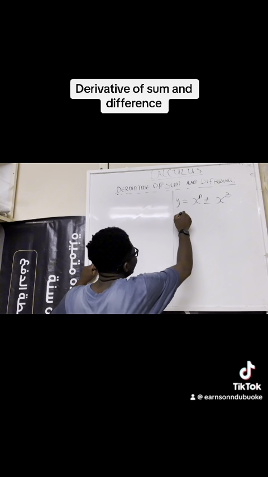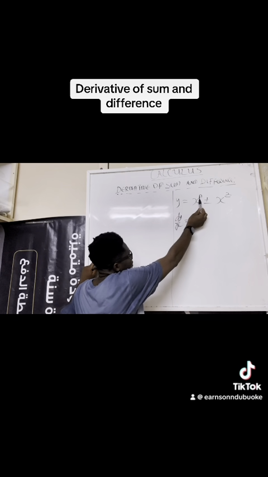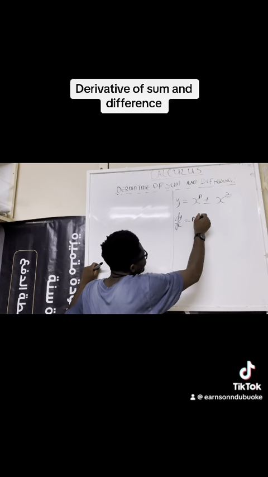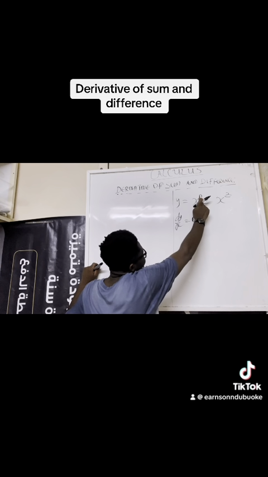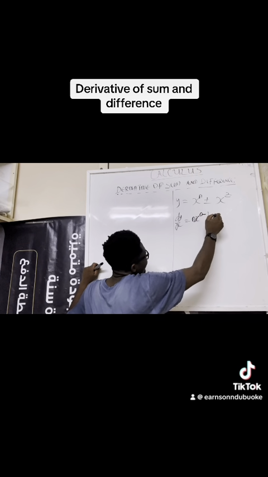So for dy/dx, take the power of x, which is n. Take this n, multiply by x, you have nx. This n, which is the power of x, reduce it by 1, which is n minus 1.